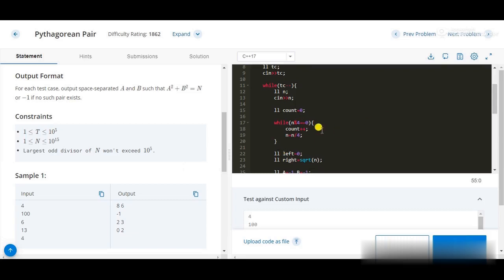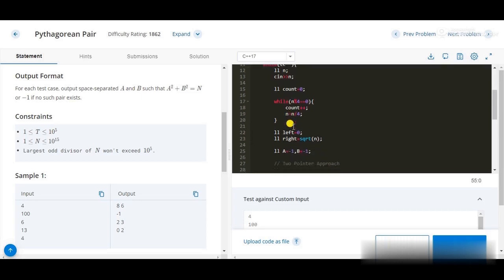We maintain a counter variable, count, and check whether the number is divisible by 4 or not. If it is divisible by 4, we increment the counter and divide the number by 4, shortening the number.